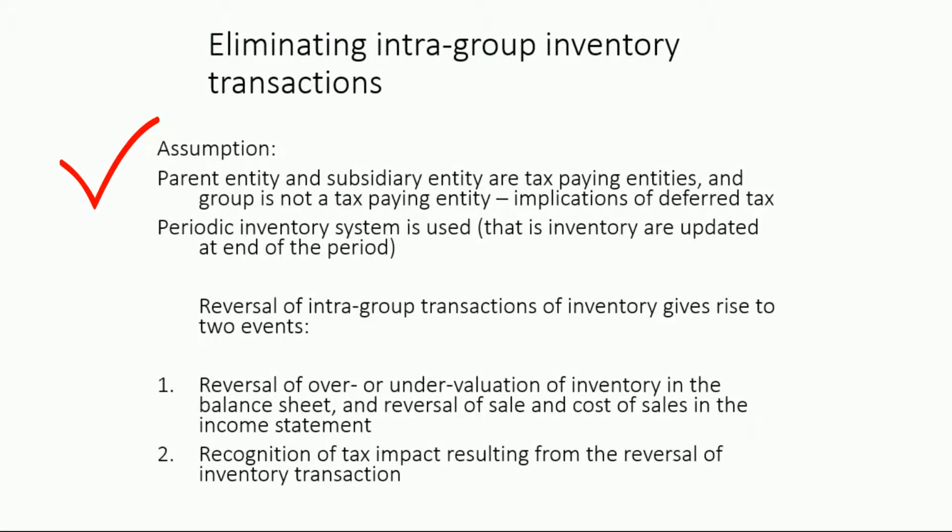First, the parent and the subsidiary entities are tax-paying entities and the group is not paying taxes. Second, the periodic inventory system is used within the group by individual entities.